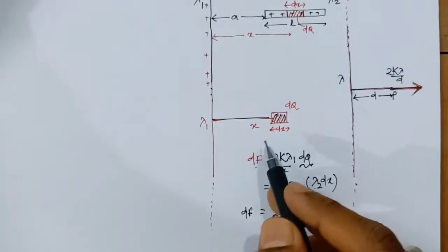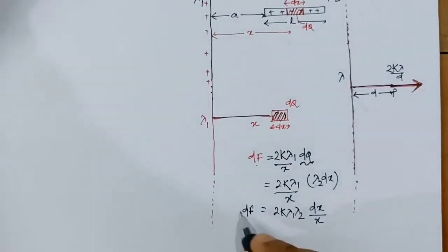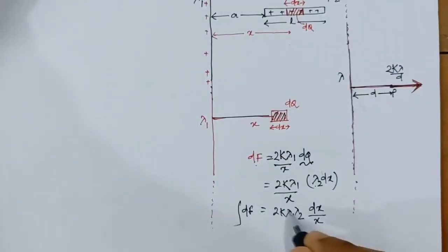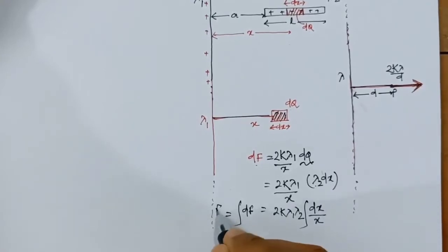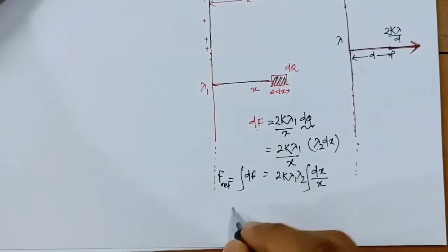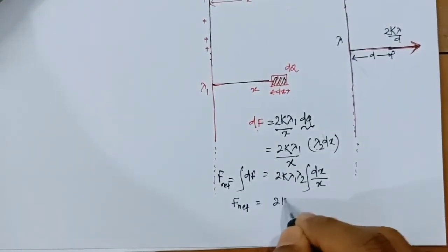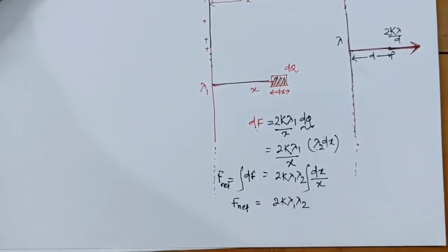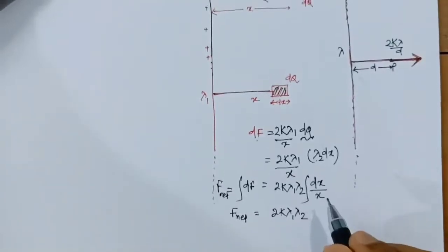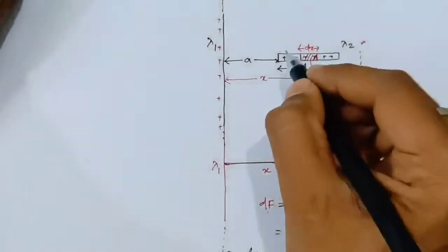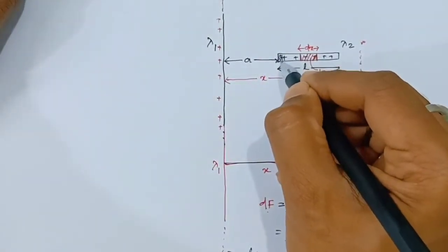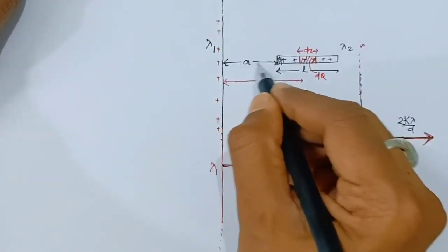If I go for the net force, I must integrate and I will get the net force expression. F net will become 2k lambda 1 lambda 2. And what is the limit of integration? If I consider my element here, very small element here, the minimum limit will be a.